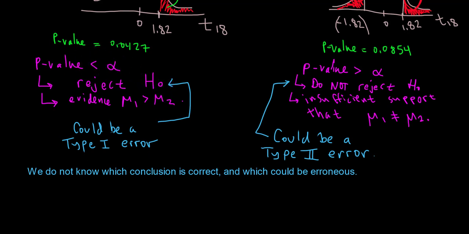My rhyme time: when the p-value is low, the null must go. When the p-value is low, the null must go. In the next video, we will do a complete example of a directional t-test.